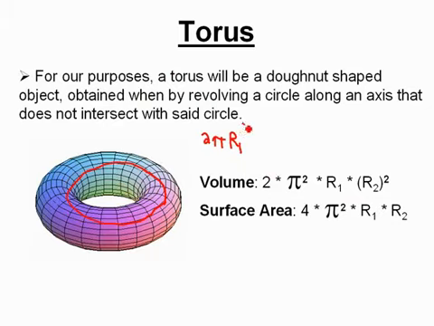If you multiply that by the area of any of those circular cross-sections, you'd have R2 squared times pi. Multiply that out, you'd get 2 pi squared times R1 times R2 squared. Meanwhile, the surface area of a torus is 4 pi squared times R1 times R2.